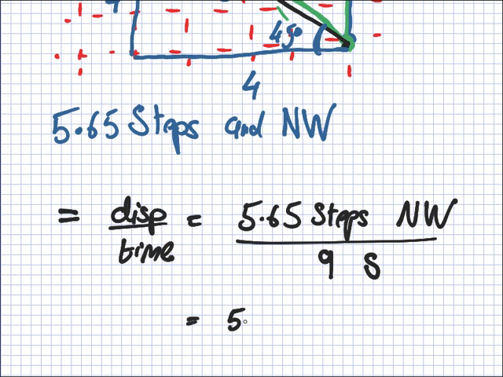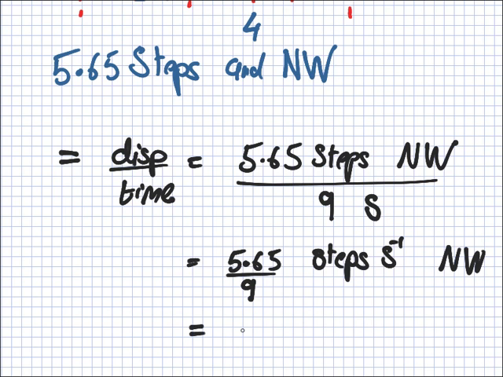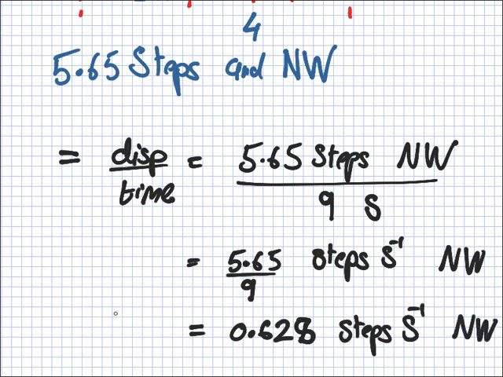So that's 5.65 over 9 steps per second northwest. You have that, Gail? What's that, please? 0.627. So 0.628, we'll say then. Steps per second northwest. That's the velocity.